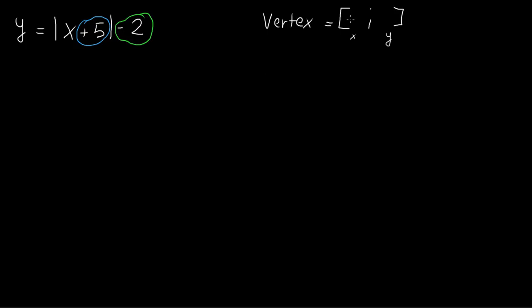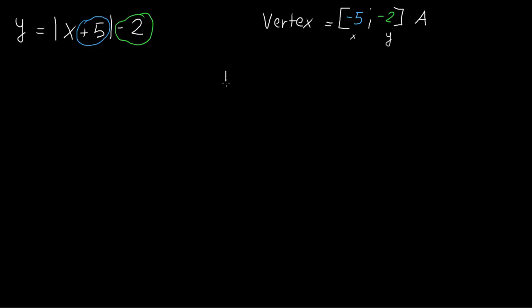Plus 5 means that our vertex point will be at minus 5, shifted towards the left. And then y means that minus 2, well, we simply put minus 2. And I'm trying to find my green. So the vertex is minus 5, minus 2, and you can visualize this as some kind of point.